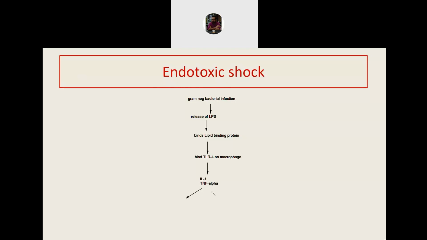Ultimately, these chemicals cause fever that causes warm extremity, vasodilation, and shock, and also cause activation of the immune system or immune response.